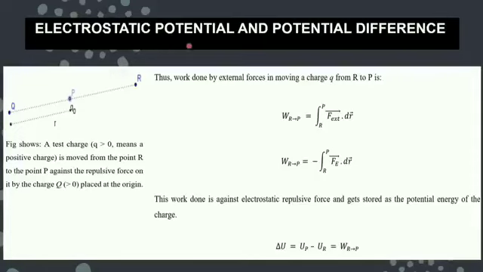you have studied the gravitational field. With reference to the gravitational field, we are having the electric field here. And when you have studied gravitational potential energy, with reference to that, we are having the electrostatic potential and electrostatic potential energy.